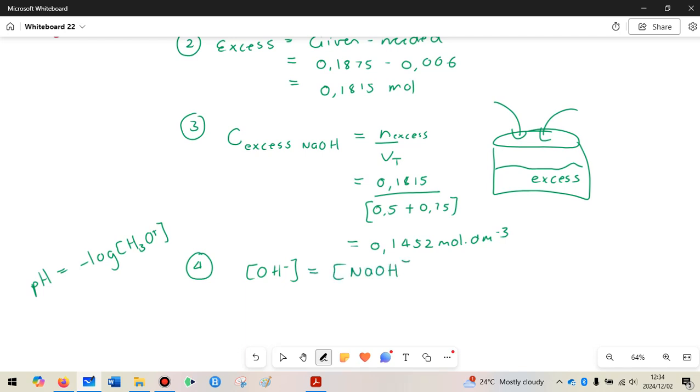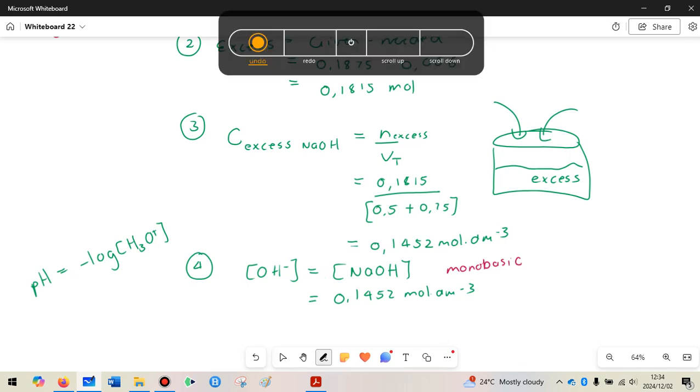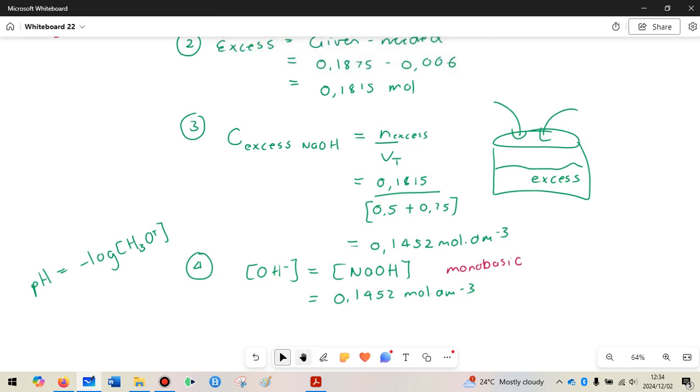And this is straightforward, and this is why oftentimes the memos won't even show this, because this is a monobasic base rather than monoprotic acid. Okay, the concentrations will be equal. So the concentration will also be 0.1452. Okay, I don't like not showing this step, because if it's dibasic, you'll have to times this by 2 to get the hydroxide concentration. Okay, so don't forget that step.